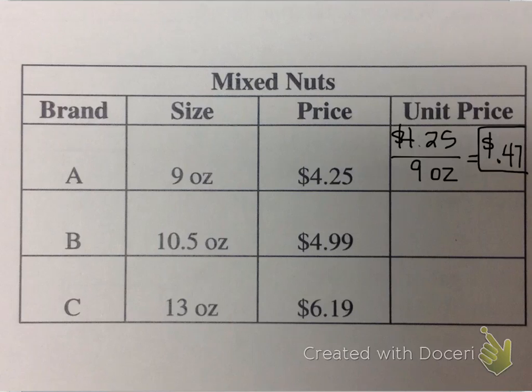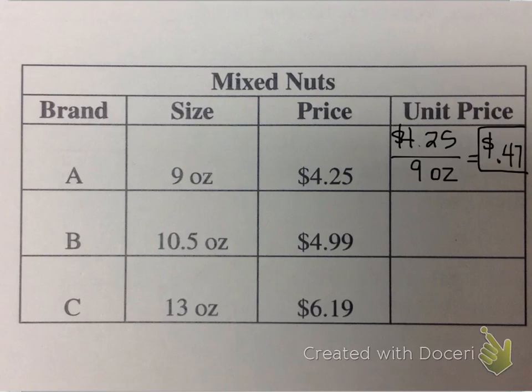So now this next one, if I want $4.99 for 10.5 ounces, I get 0.4752. So again, if I round, it's going to be about 48 cents.